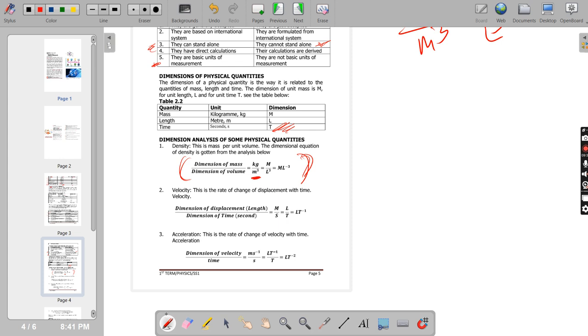Now we have velocity. Velocity is the rate of change of displacement with time. We already mentioned something about this.